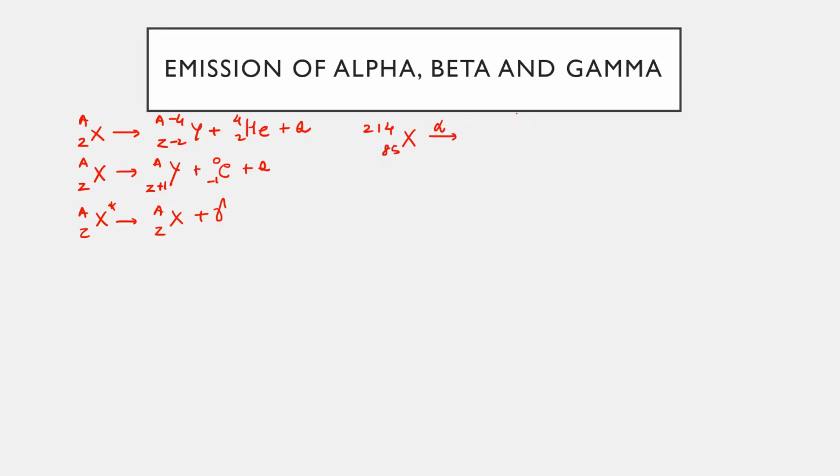It is giving out an alpha and turning into x1, which is giving out a gamma and turning into x2, which in turn gives out a beta and turns into x3, which in turn is giving out an alpha and turning into x4. Okay, so I would like you to write it down in a notebook and try to answer this.